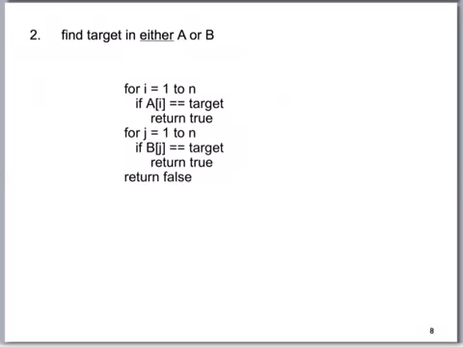In this case, because we have to find target in either A or B, we'll have to look through all of the elements in A and B. If we get through this loop, that means we failed.